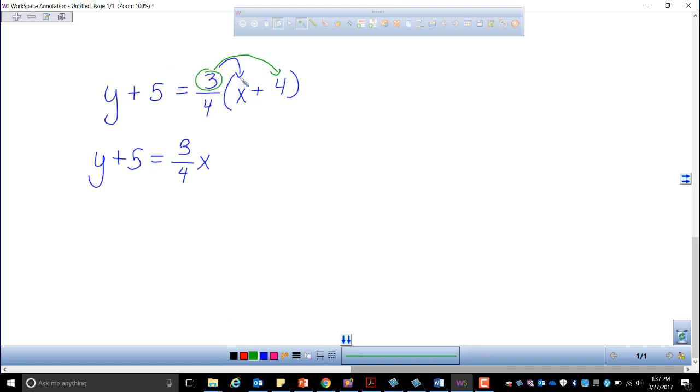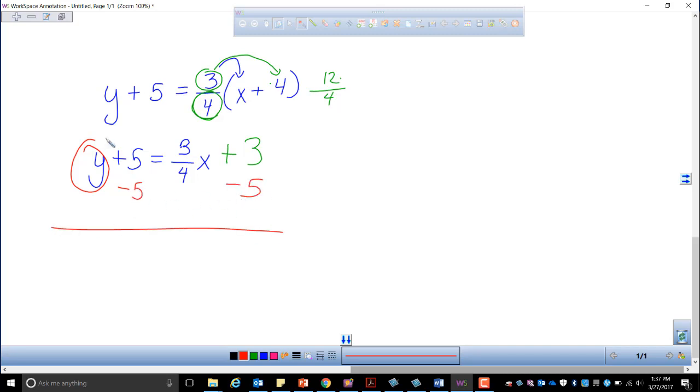You're going to take 3 times 4, so that's 12, but then you have to divide by 4. So 12 divided by 4 is 3, and it's positive 3. Then I need to get y by itself, so minus 5 minus 5. Y equals 3/4 x. 3 minus 5 is negative 2. So my slope is 3/4. My y-intercept is negative 2.